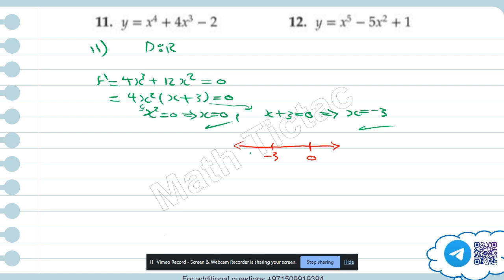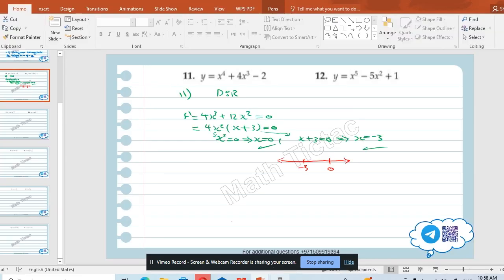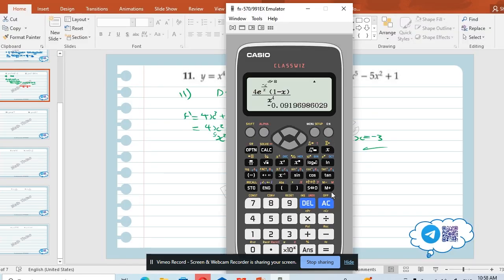So I will test the values and substitute in the derivative. Over here you can use your calculator for doing this. My derivative is 4x to the power 3 plus 12x squared. Be careful, we have to substitute in the derivative.